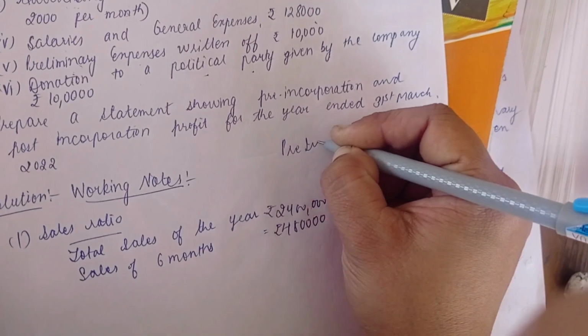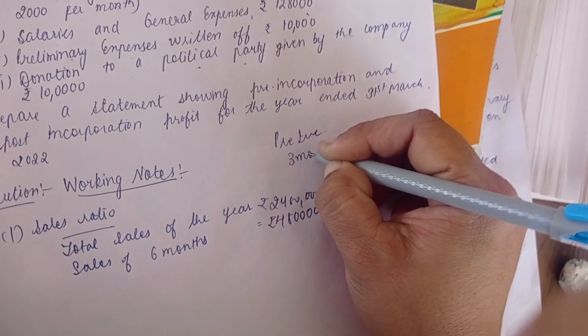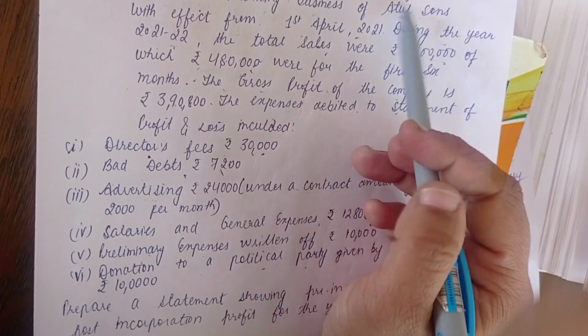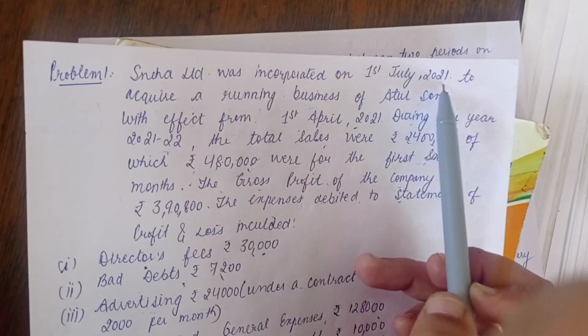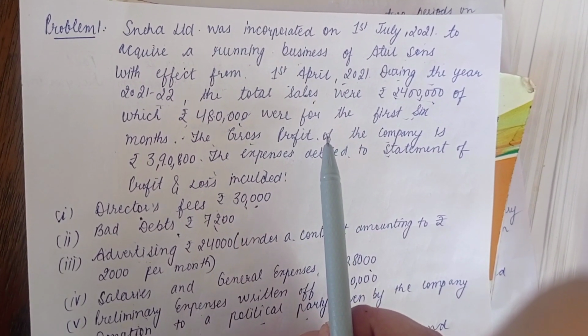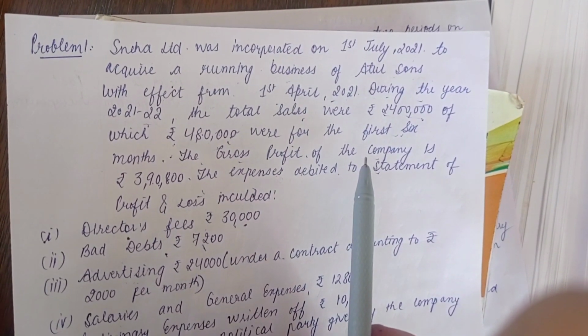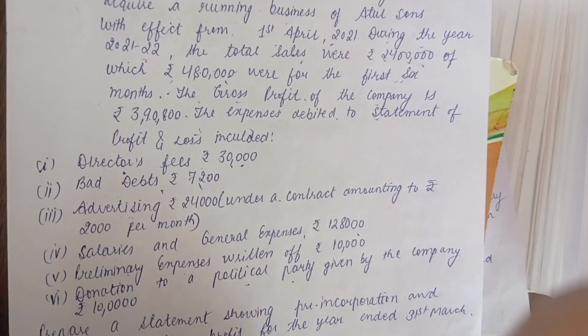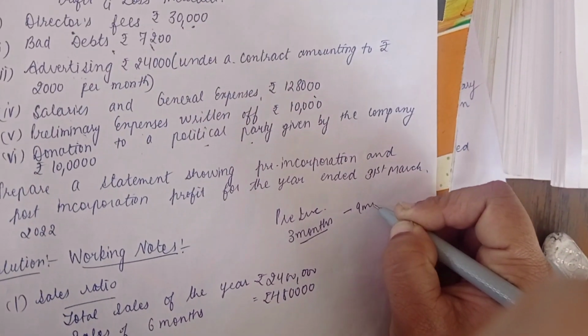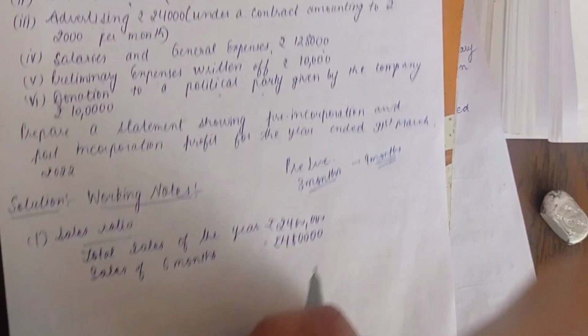It means the pre-incorporation period is 3 months, and the remaining is the post-incorporation period from 1st July 2021 up to the closing of the books of account, and the remaining months are 9 months, right?